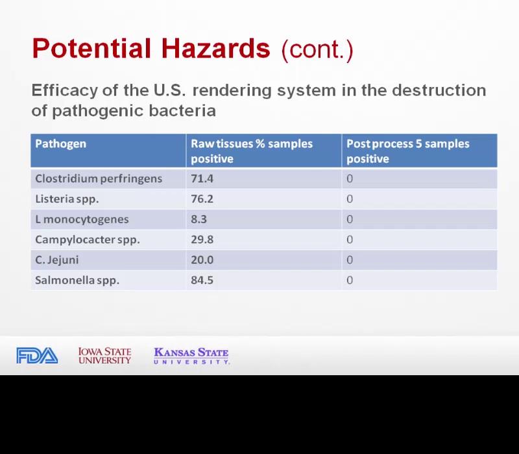This is a good demonstration of the efficiency of the rendering system to destroy pathogenic bacteria. These results also point out how important it is for a facility to adopt practices that reduce or eliminate the opportunities for post-process contamination of their finished products.